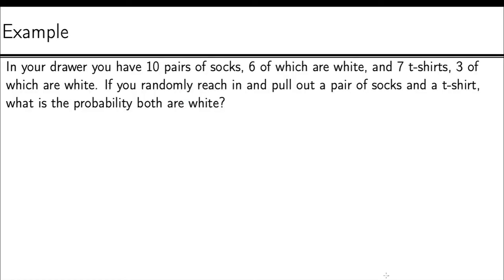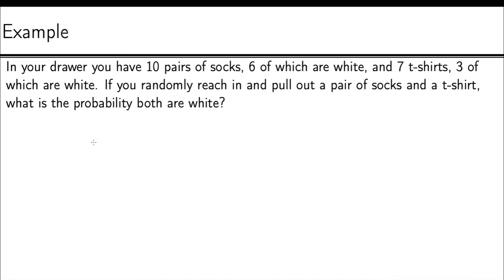So let's look at an example. In your drawer, you have 10 pairs of socks, 6 of which are white, and 7 t-shirts, 3 of which are white. If you randomly reach in and pull out a pair of socks and a t-shirt, what is the probability that both are white?